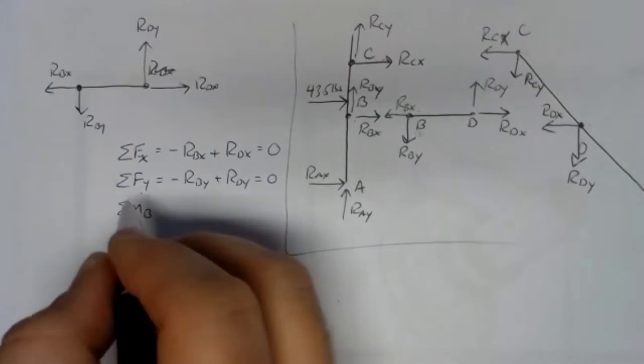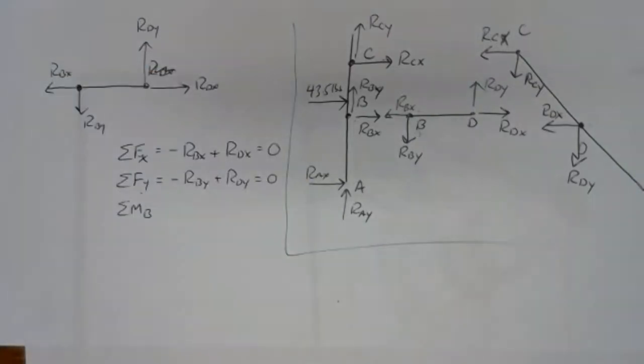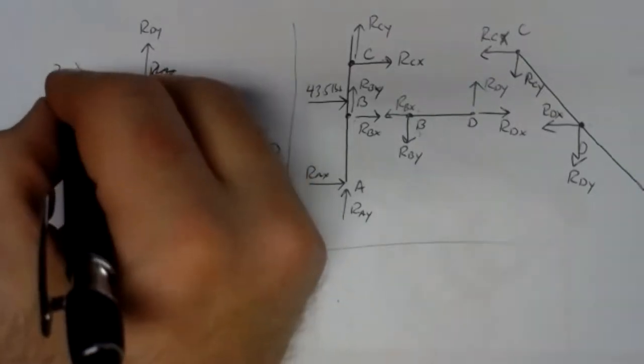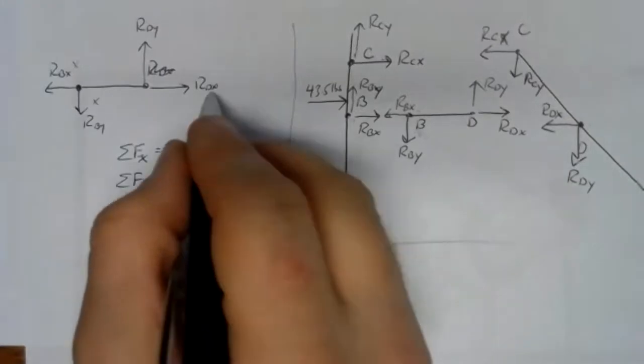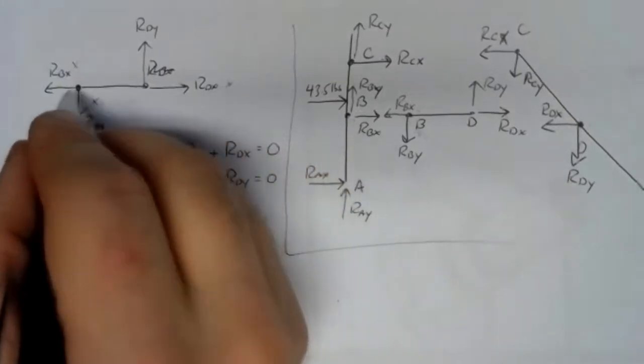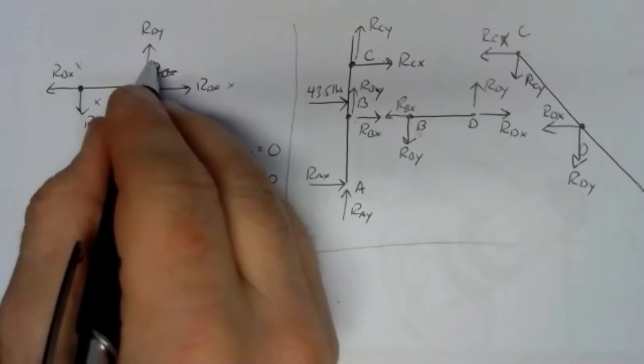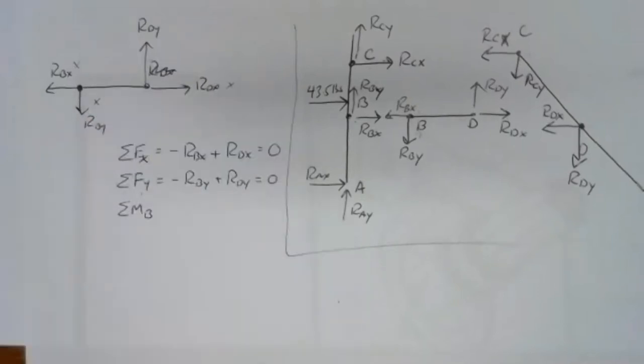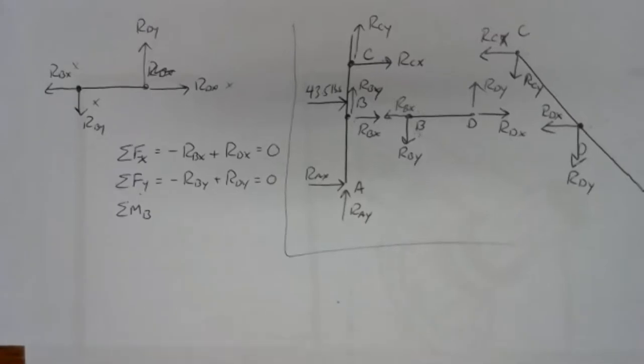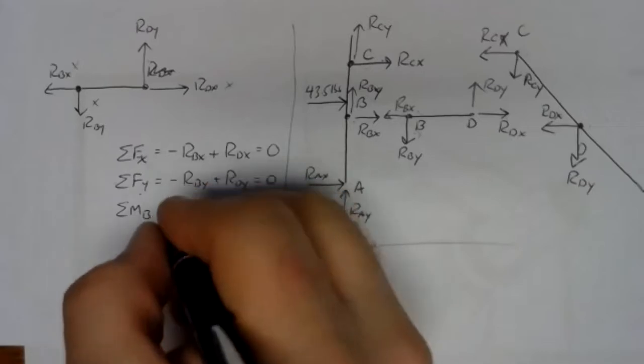let's look at the forces that'll have moments. Well, RBX and RBY are out. So is RDX, since its line of action goes through B. But RDY will have an arm. We'll have a moment. So we're going to have to figure out what that arm is, or if we think about it a little bit, maybe we don't.